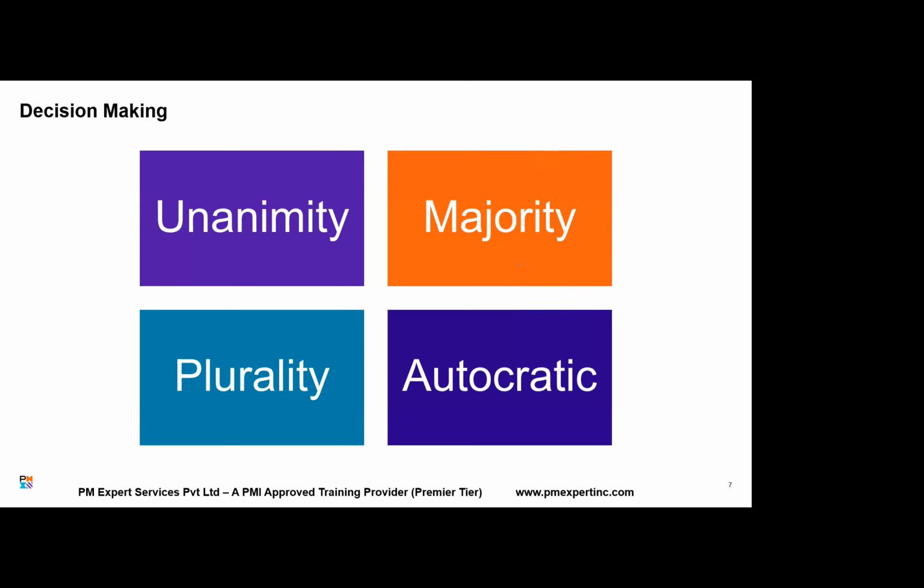So these are some of the decision making techniques which are being followed. Now these are old ones. Nowadays, as I showed you earlier, we use fist of five, decision spectrum and those techniques. Now, one technique is unanimity. Suppose there is a conflict.